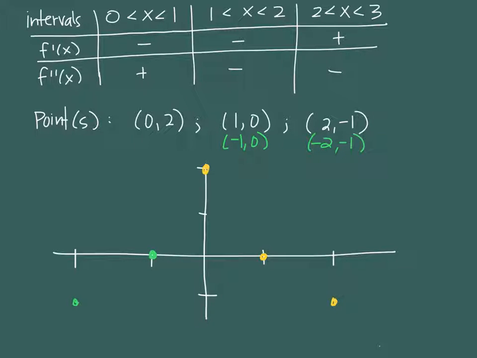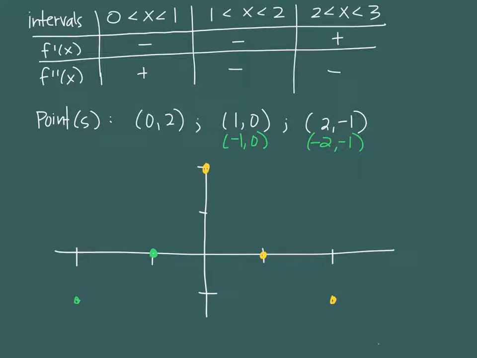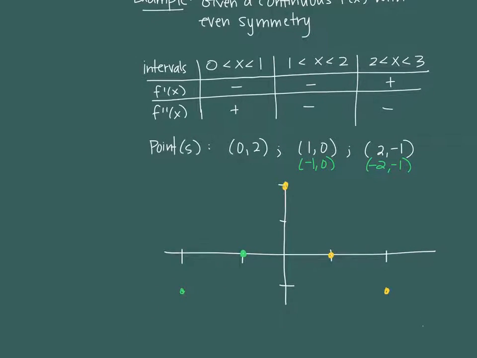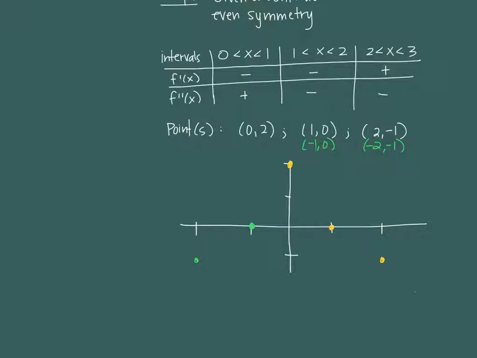Okay, that comes from having even symmetry. It also means that your chart should have reflected symmetry as well. So you can take this chart here and extend it out the other direction. I should have told you to leave some space for that, but we can take our chart and work it backwards.